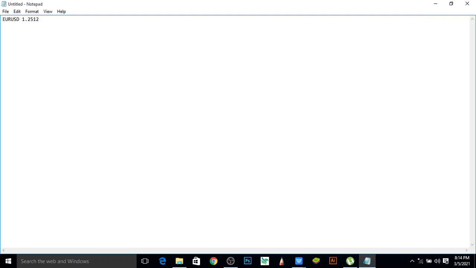What this basically means is that 1 euro is equal to 1.2512 US dollar. That's what it just means. You get 1 euro is equal to 1.2512 US dollar.